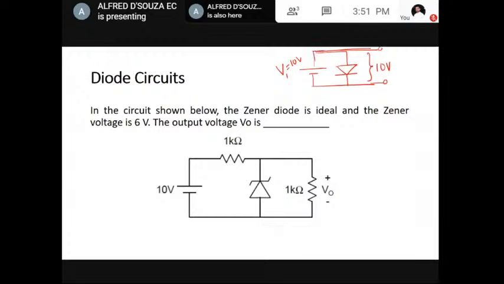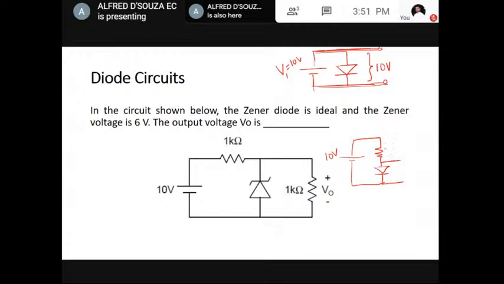Whenever an independent voltage source is connected in parallel to the diode, it is always the independent voltage source that prevails. So it would be 10 volt. If we have an independent voltage source like this, 10 volt, then some resistor and then some diode, the voltage across the diode now depends on its state.